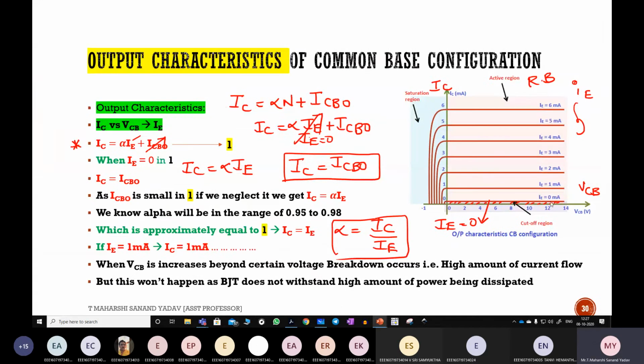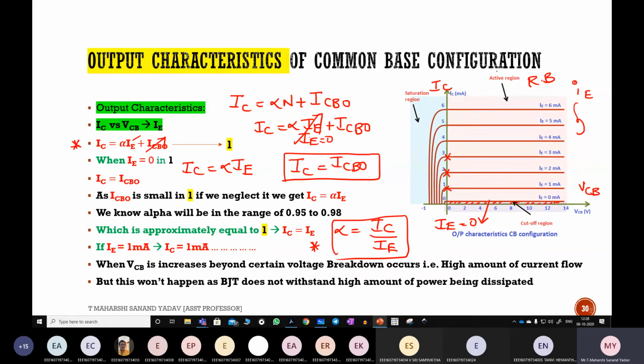For different values of emitter current IE, if it is 0, this is simply the reverse saturation current. If IE is increased, I get an IC value of 1. If IE is 2 milliamperes, I get 2. If it is 3 milliamperes, it is something like this. Simply I'm following this formula: IC is equal to alpha into IE.